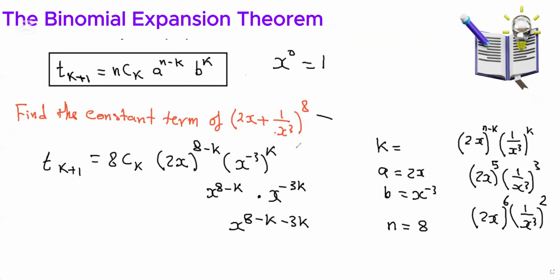And therefore, as I said, the exponent has to be 0. So 8 minus k minus 3k should equal 0. Now, 8 should equal 4k, because negative k minus 3k is negative 4k. When you move it to the other side, it becomes 4k, and therefore k equals 2. So that's the other way of doing it.